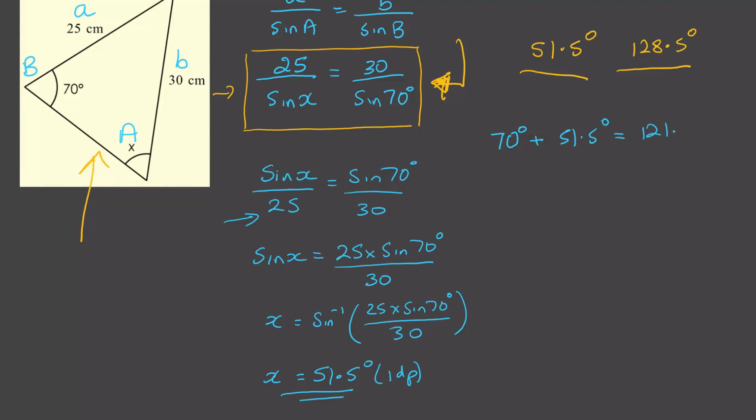That's 121.5 degrees, which is under 180, so with 180 degrees in a triangle, there's room for the third angle. But if we did the 70 we knew already, add 128.5 degrees, well, that's 198.5 degrees, which is more than we can have in a triangle. So we can't get a third angle.